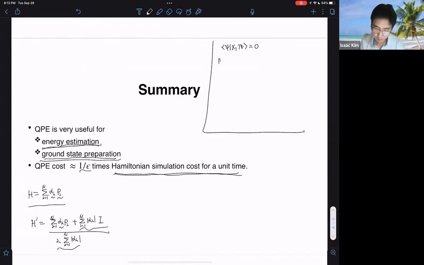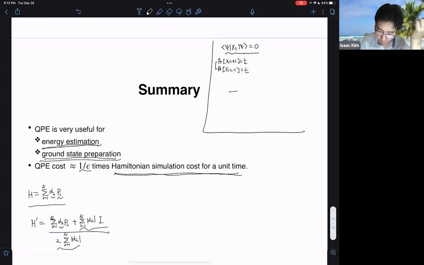So that means that the probability of measuring plus one equals the probability of measuring minus one. And let's say we don't know that this is actually equal to 0, and we only measure this expectation value based on this measurement statistics, then what would we do?